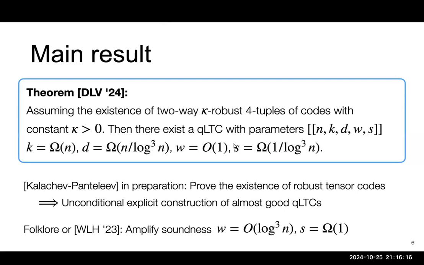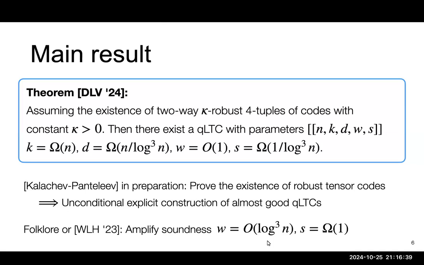In some contexts, you really want your soundness to be constant. In that case, you can use variants of parallel repetition, and you'll be able to get constant soundness at the expense of a larger weight, also known as locality.